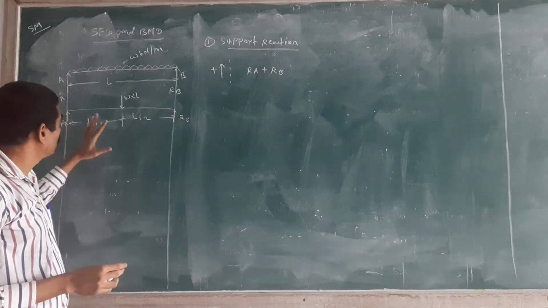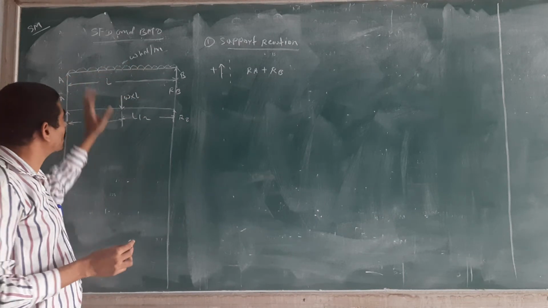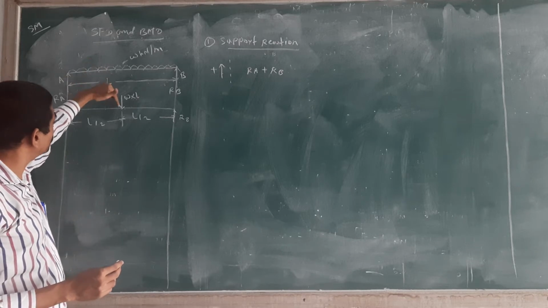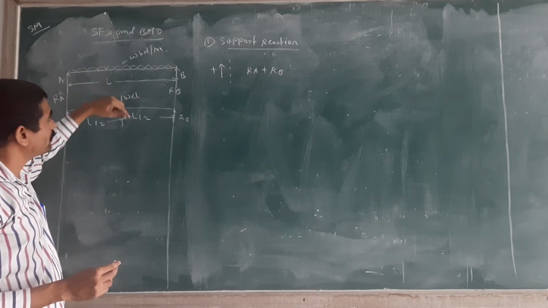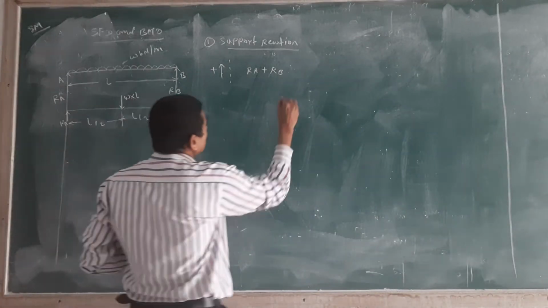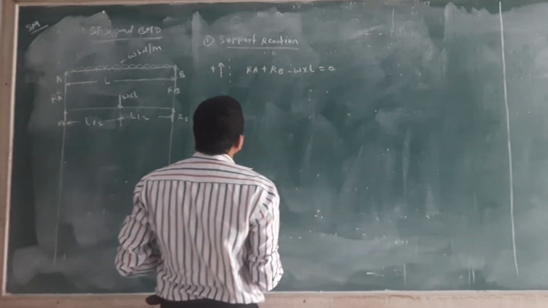All of you getting this? If you are given the UDL, you have to convert it to a point load or keep it as it is. How much load acts on this beam? W into L, and in which direction? In the downward direction. So here it is minus W into L equal to 0.